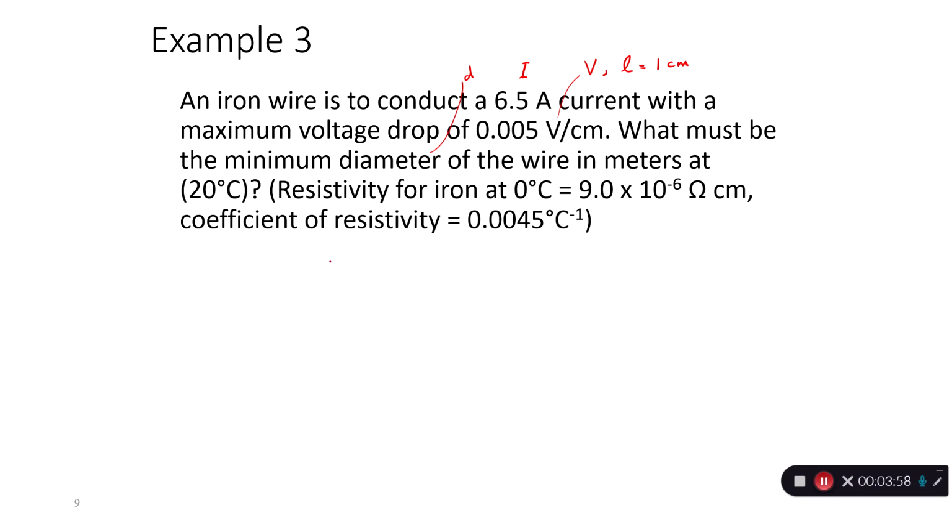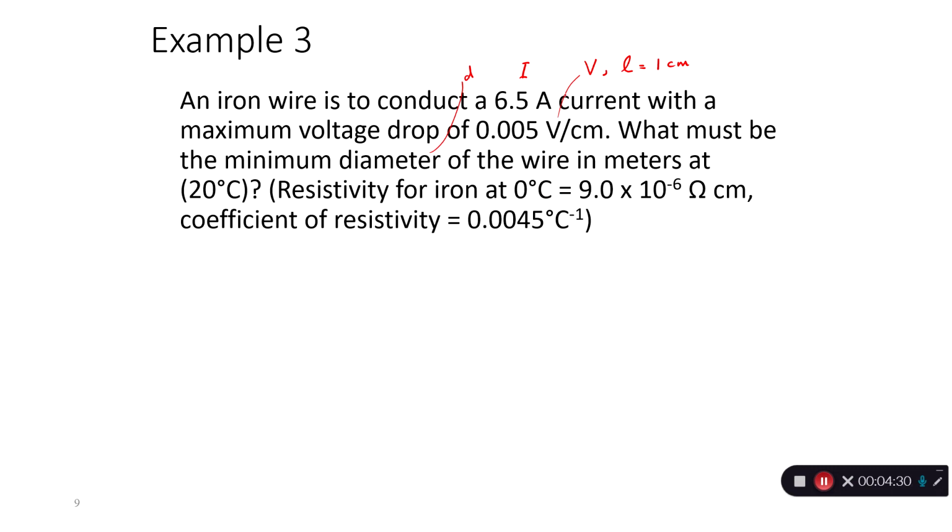We are given information here. Resistivity for iron at 0 is 9 times 10 to the power of minus 6 ohm centimeter. It's given in ohm cm because it's easier for you to use, because everything is in centimeters. And then the coefficient of resistivity is given as this. We can't use the resistivity value for iron at 0 degrees.